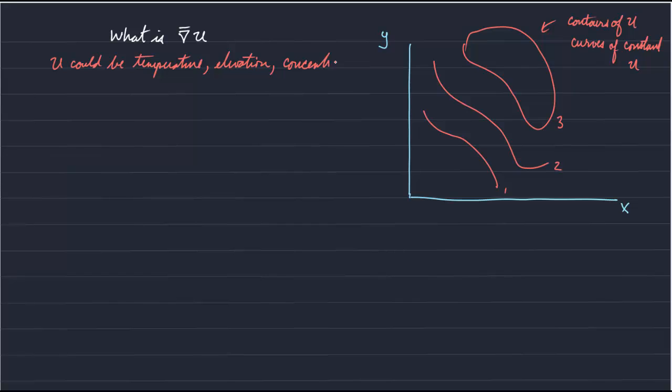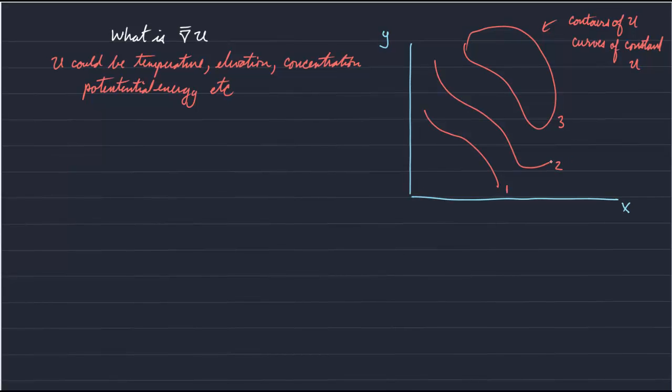Concentration of a solute in a solution. Potential energy, for example. And so forth. Let me go ahead and finish drawing these hypothetical contours of our scalar field u, just so it's clear that it's varying everywhere on this plane.